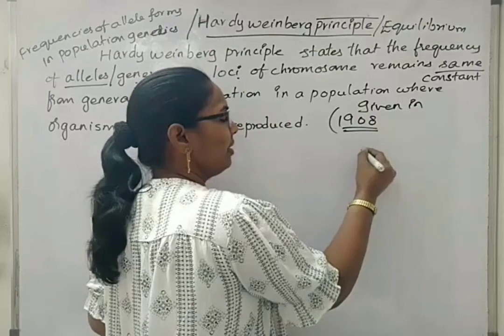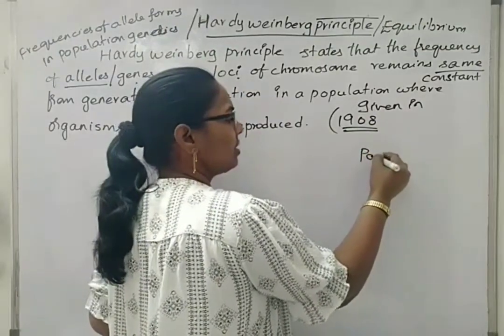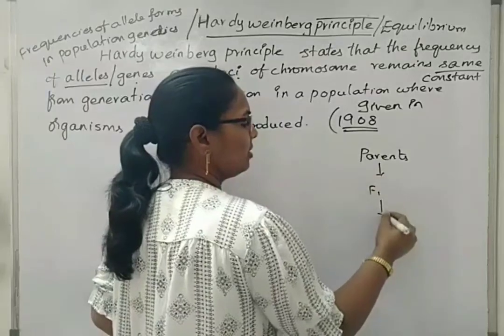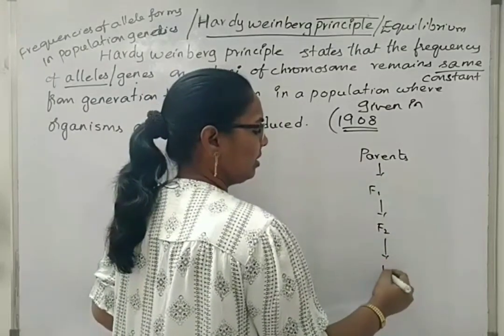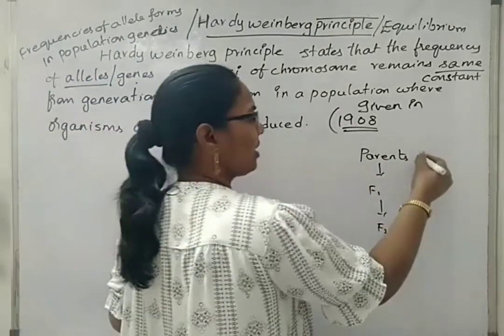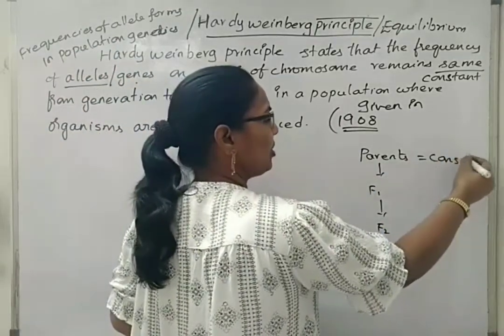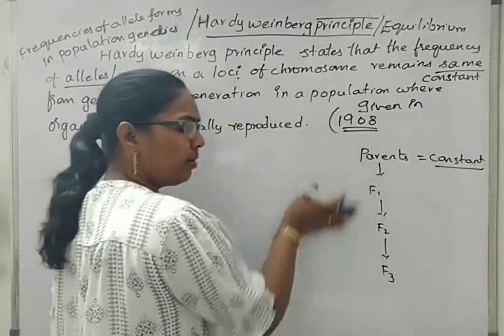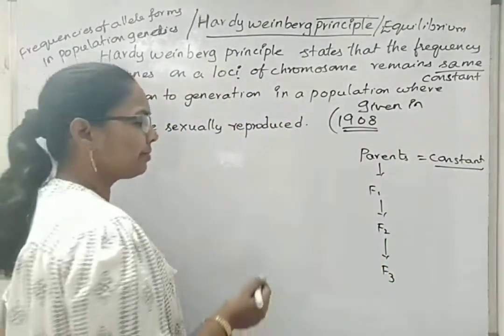Suppose there is some number of parents, F1 generation, F2 generation, F3 generation, etc. Suppose they are having some constant number of genes. We can take the number according to the type of species.